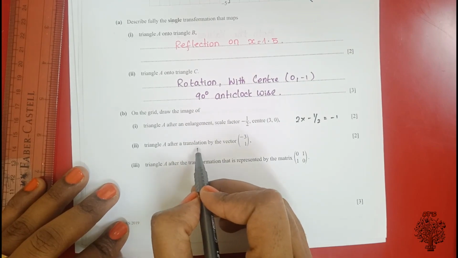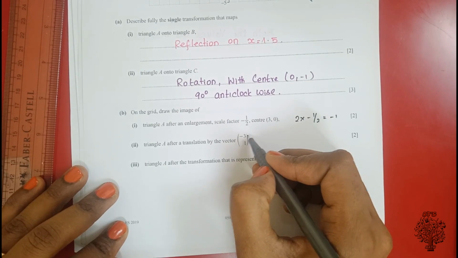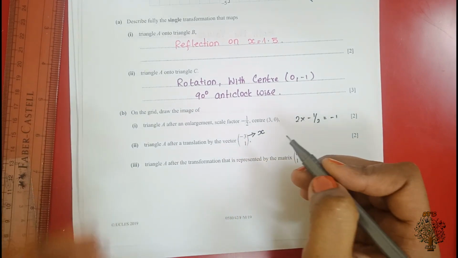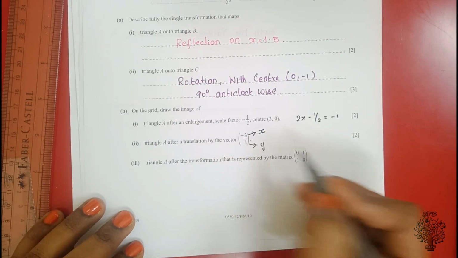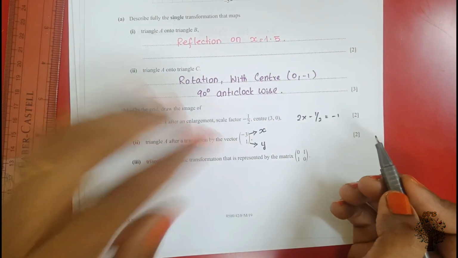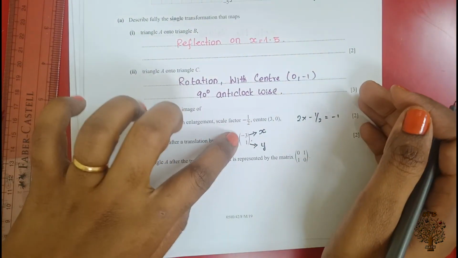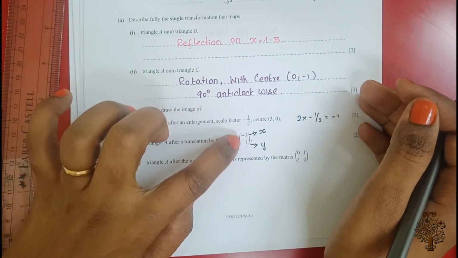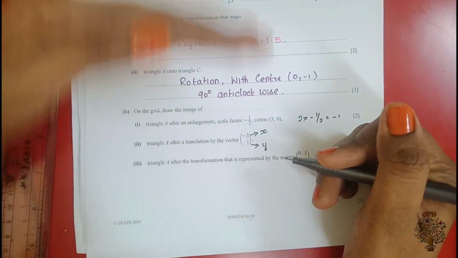Triangle A after a translation by a vector -3, 1. This -3 states in which way you have to move in x-axis direction, and this states in y-axis direction. -3 means to the left, positive means to the right, so I have to move to the left because I have -3, and this with positive sign means you have to move in the upward direction.